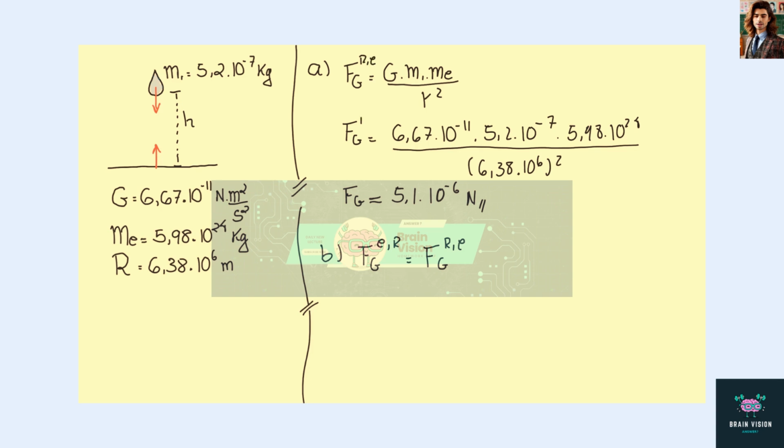So let me write these superscripts for clarity. And this is approximately 5.1 times 10 to the minus 6 newtons. So it's not necessary to do the calculation again, as the only difference between these forces is their direction.